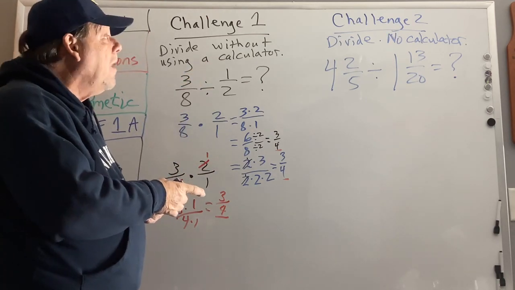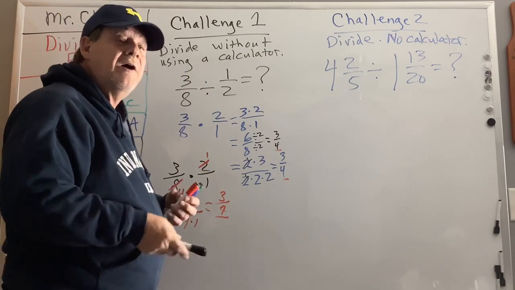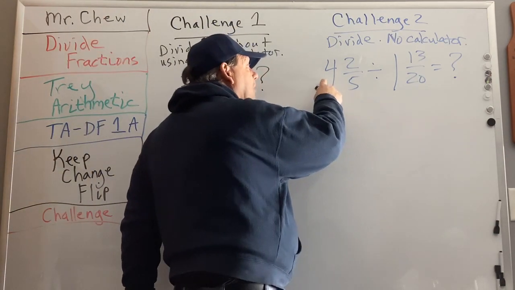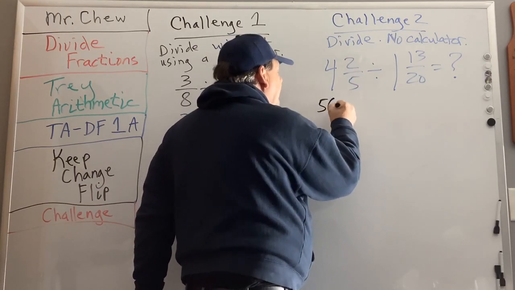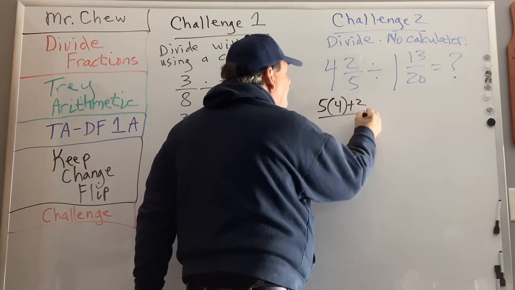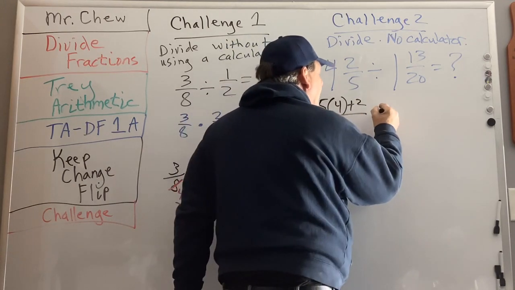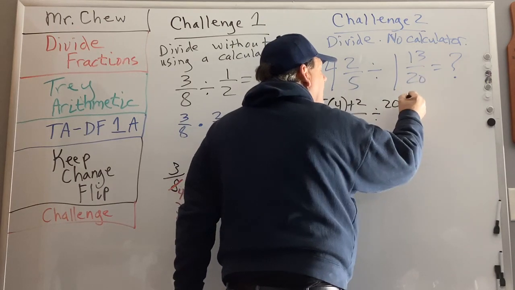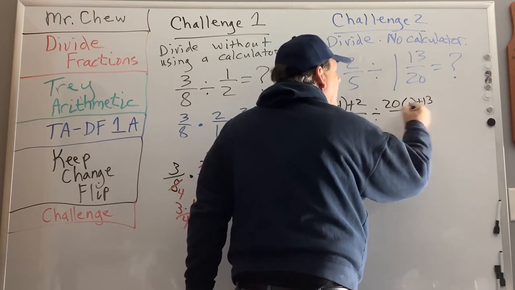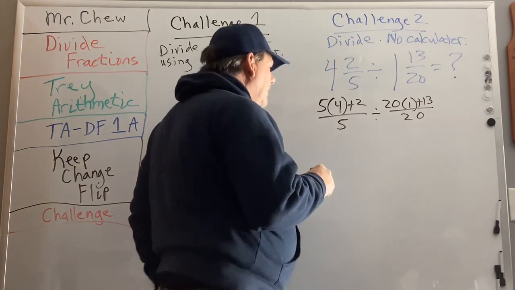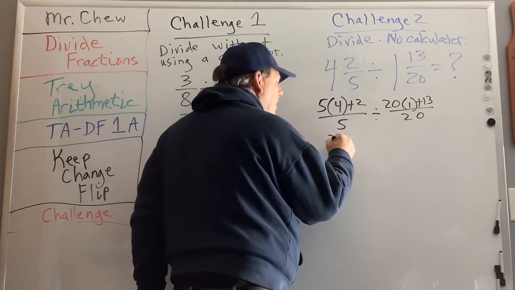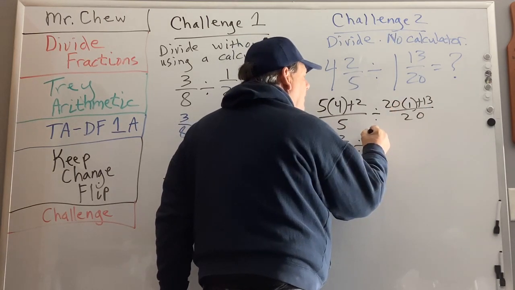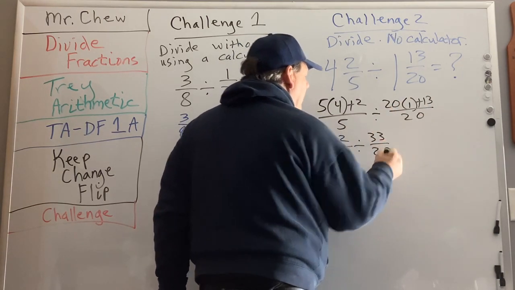On challenge 2, first thing you have to do is change the mixed numbers into improper fractions. You take the denominator times the whole number plus the numerator. 5 times 4 plus 2 over 5. Divided by 20, the denominator, times 1 plus 13 over 20. So this ends up being 22 over 5 divided by 33 over 20.